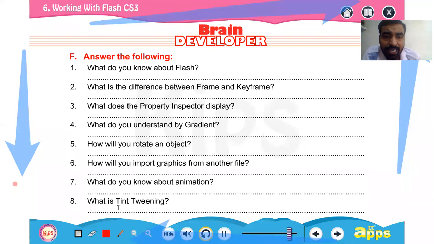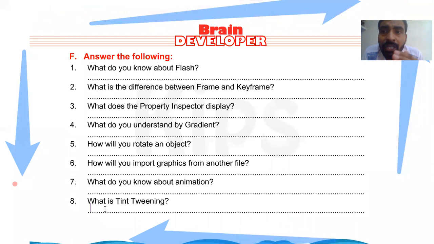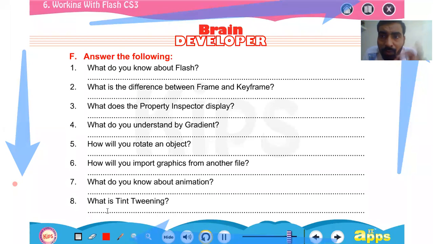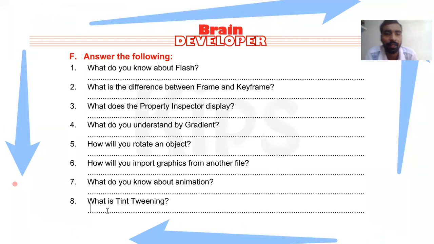What is tint tweening? Tint tweening is a special type of tweening in which the object changes its color automatically from one shade to another.